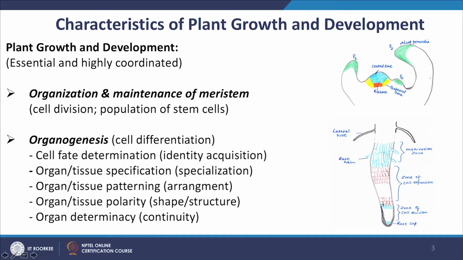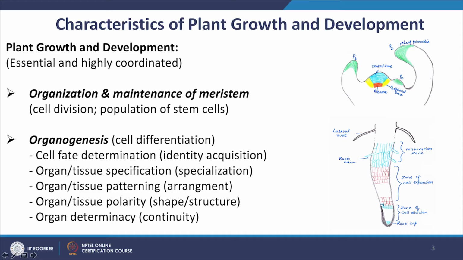Then another interesting thing that happens during the process of development is polarity. If you look at the complete structure or shape of an organ, it mostly has polarity. If I draw here, if you look at a leaf, the leaf at the base is very different from the tip. This is the polarity, and this is also established during the process of development.